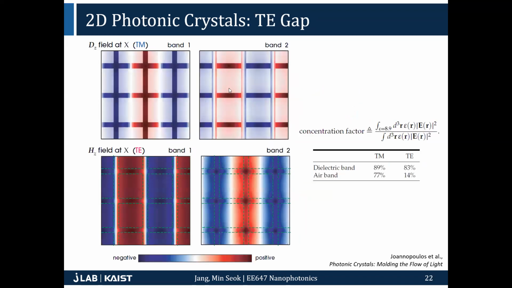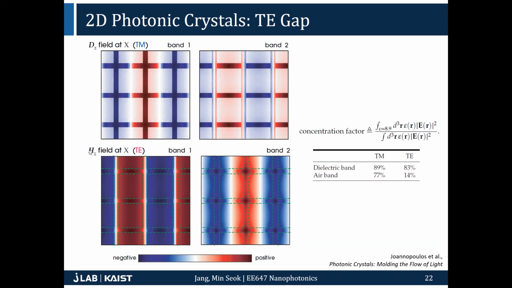But in this case, band 2 has its electric field maximum in between the bars, and fortunately, you have crossing bars, which have a high electric field concentration. So the concentration factor is not that much different, so you don't have that large a band gap. And on the other hand, if you look at this, the TE case.